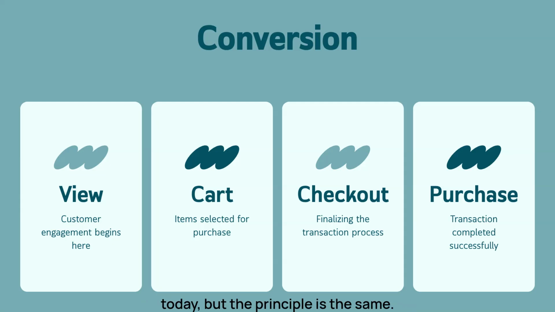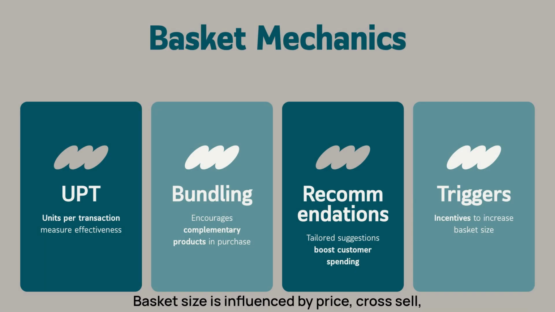But the principle is the same. Did the journey end in a sale? Once they convert, the next question is, how much did they buy? Basket size is influenced by price, cross-sell, bundles, promotions, store layout, product recommendations, loyalty program nudges. Basket size is a psychology problem disguised as a math problem.